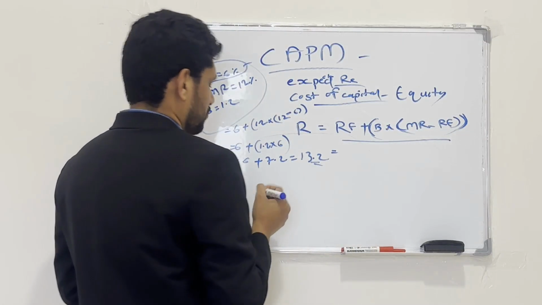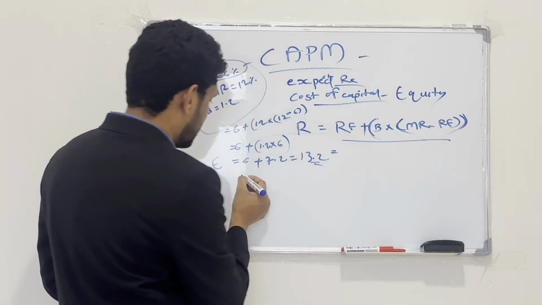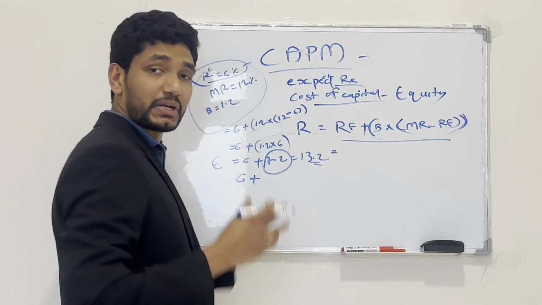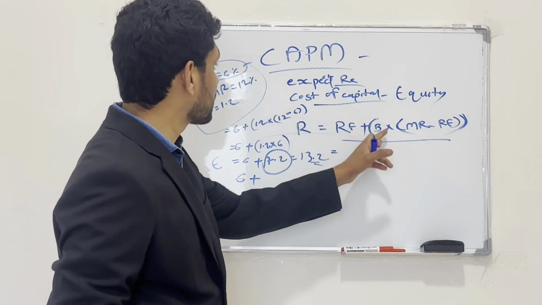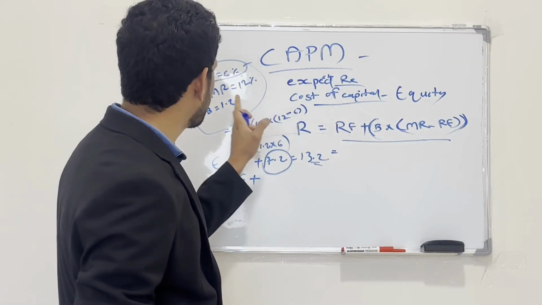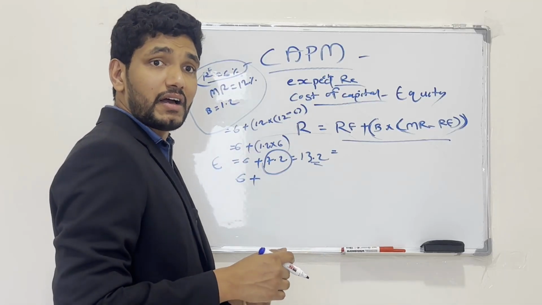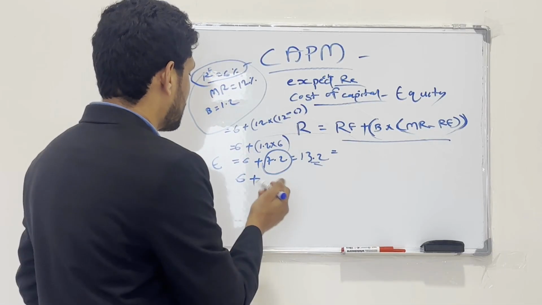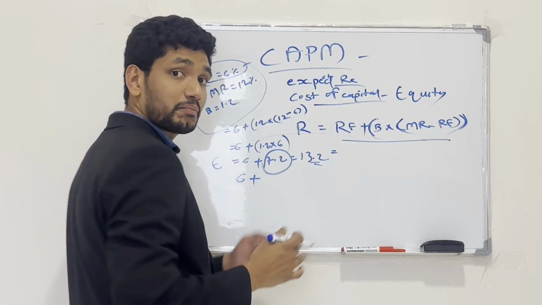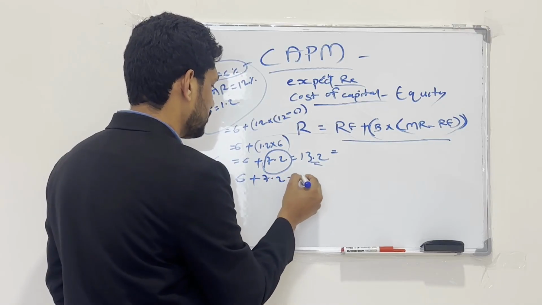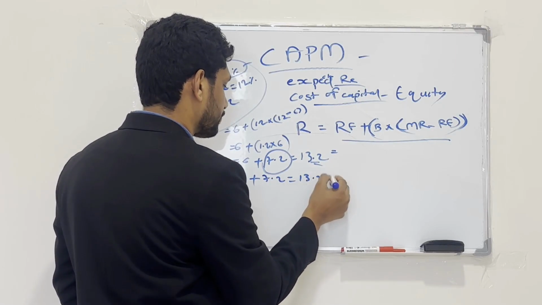That means the premium for taking this risk. The beta is 1.2, which means there is a risk in the stock. I took that risk as a challenge, so I got 7.2% as a risk premium also. So my total return will be 6 plus 7.2, that is 13.2.